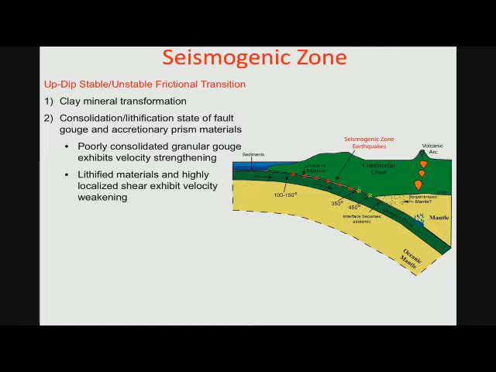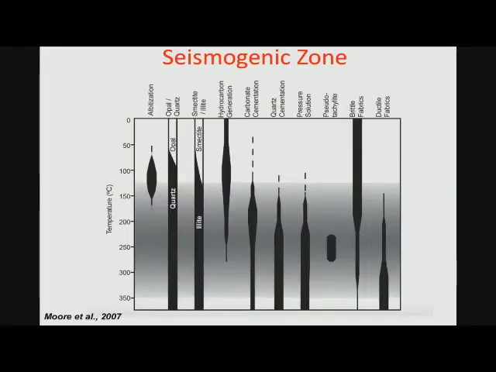frictional transition. I'm going to just show you a slide of some of the processes that have been postulated. This is quite old, from Moore et al., but in that temperature range of 80 to 100, 120 degrees, there's quite a few reactions that they pointed out that could be strengthening your rock and therefore causing that transition from stable sliding.